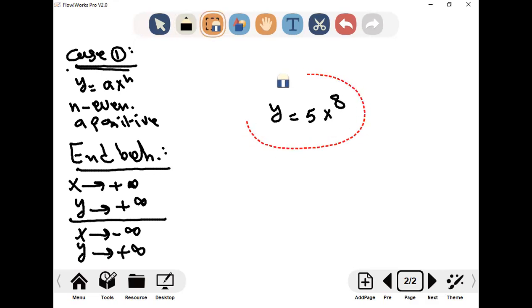Now case 2. Before case 2, we have domain and range. We said the domain, if you remember, is the values of x which we can substitute in the function. The range is the values of y, the results, right? Now the domain and the range for this kind: a positive goes up.